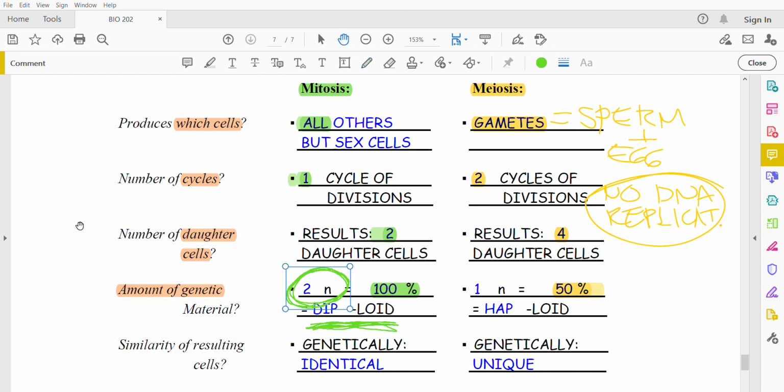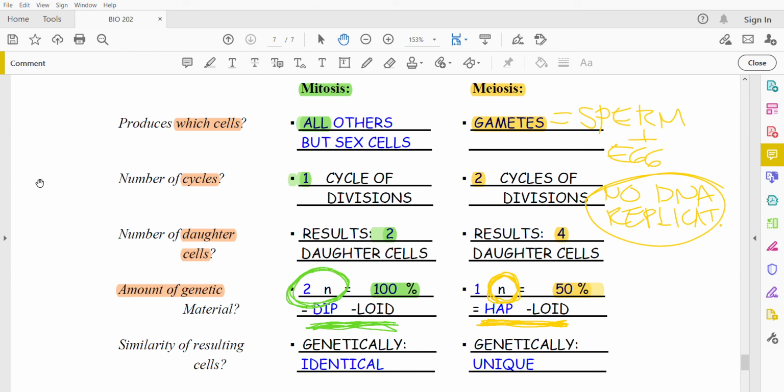So they have 100% of the DNA in them. Whereas in the cells that result from meiosis, we only have an N per each cell. So you don't need to necessarily put the number 1 if you know the rules of the math. And this is known as haploid. So half of the genetic material in the resulting daughter cells.